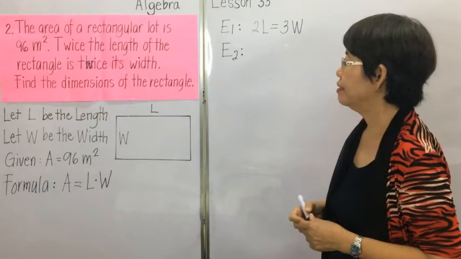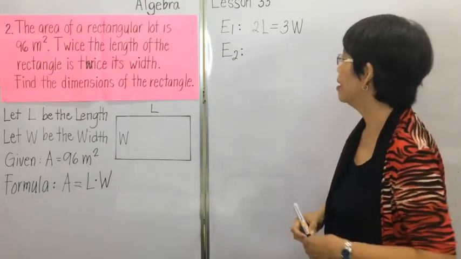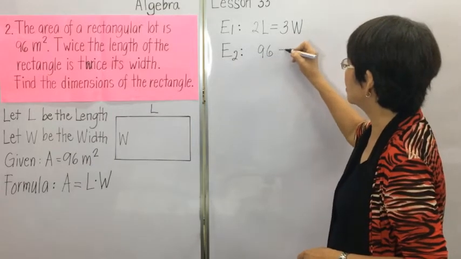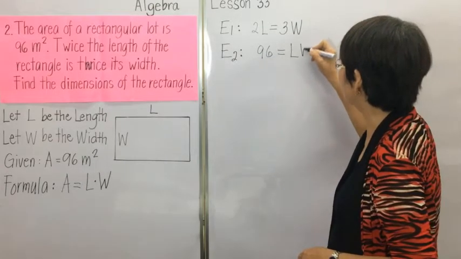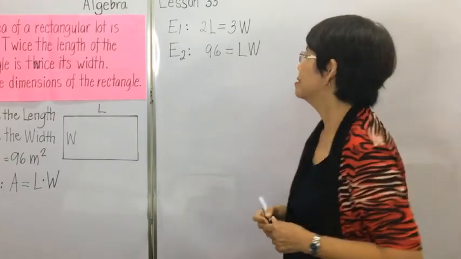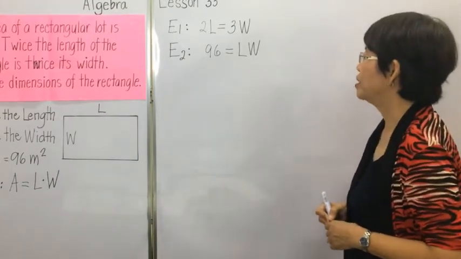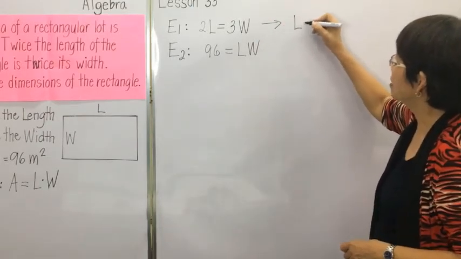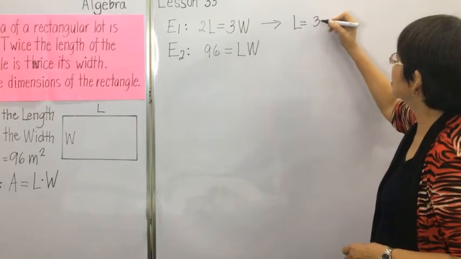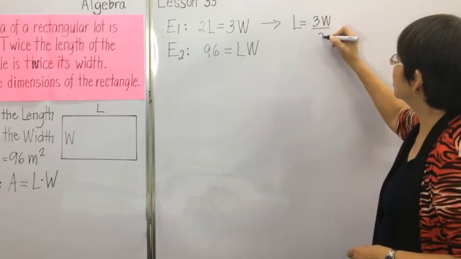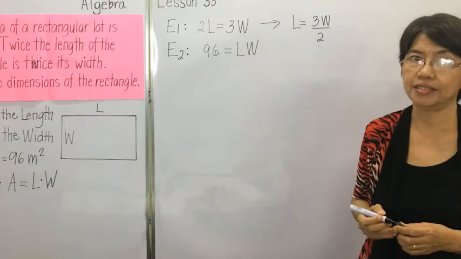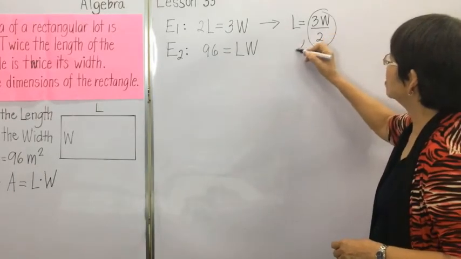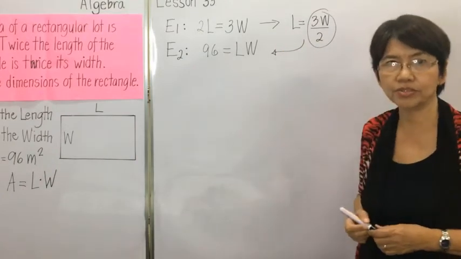And then we are also given the area. The area is 96 meters squared, equal to length times the width. So we will simplify equation 1. This one will be length is equal to 3W over 2, dividing both sides by 2. So we will substitute this value to the value of L in equation 2.